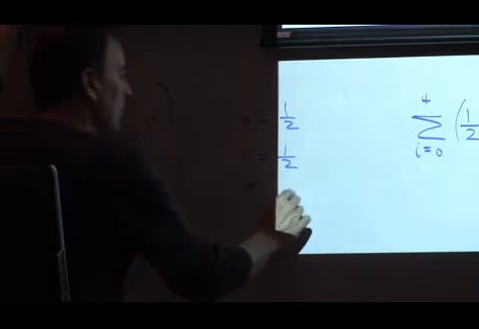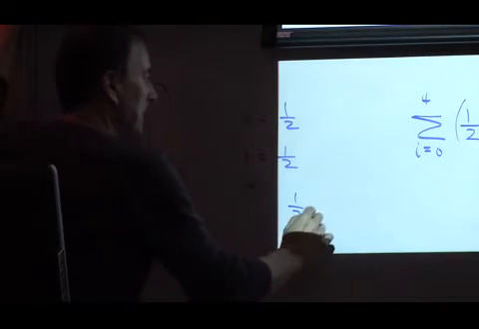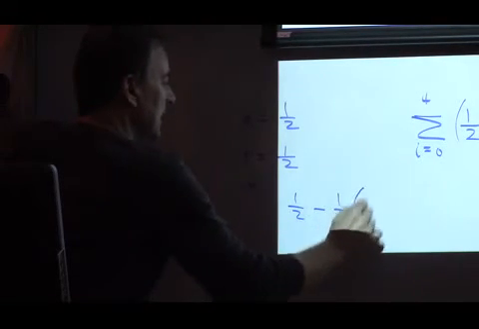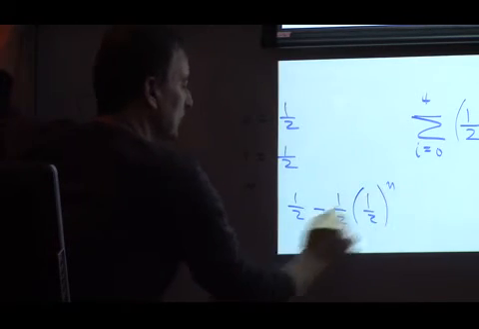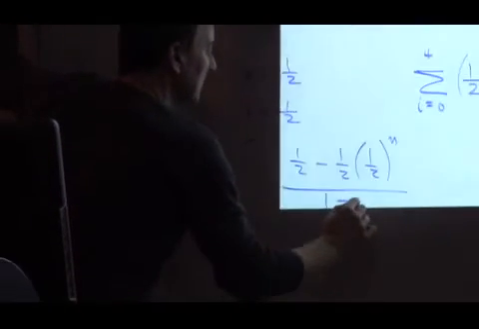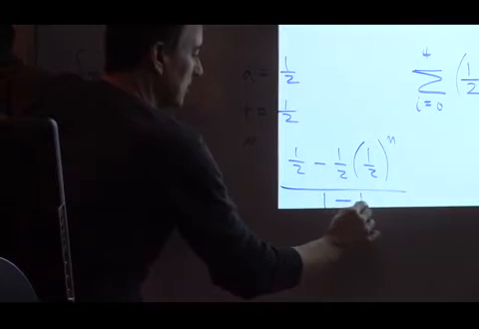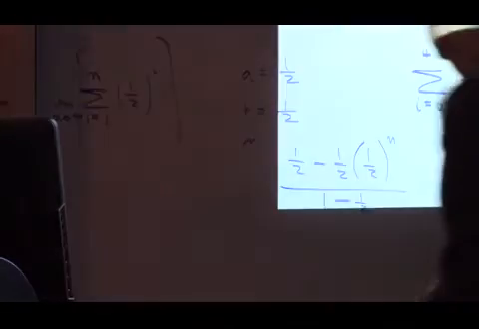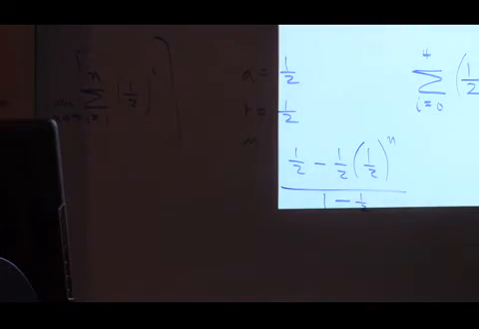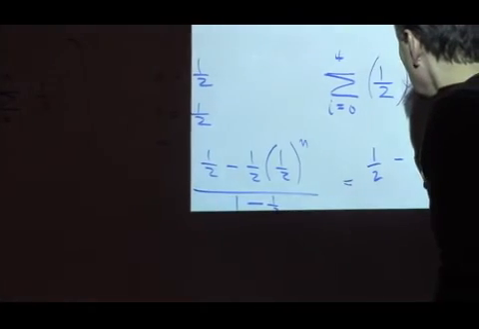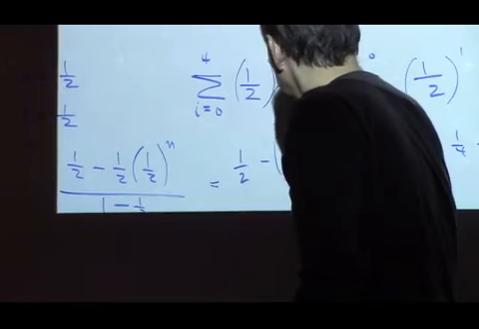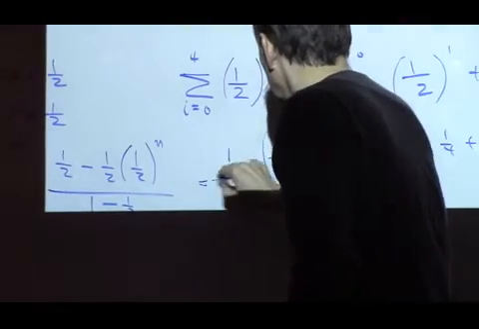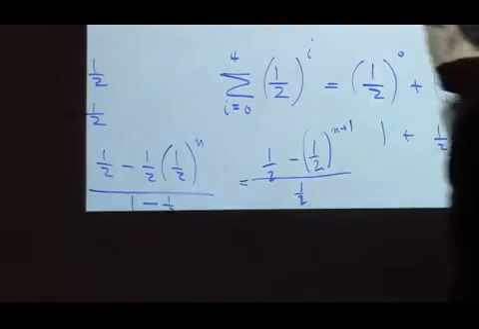So we're going to have A times 1 minus the ratio to the number of terms, over 1 minus the ratio. So we're going to get 1/2 times 1 minus 1/2 to the n, over 1/2.